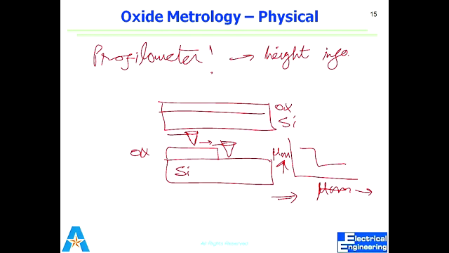So in that case, what you need is a step height. It means that we need to mask a certain part of the wafer from getting oxidized, and after the oxidation process is over, there would be a step height like this.